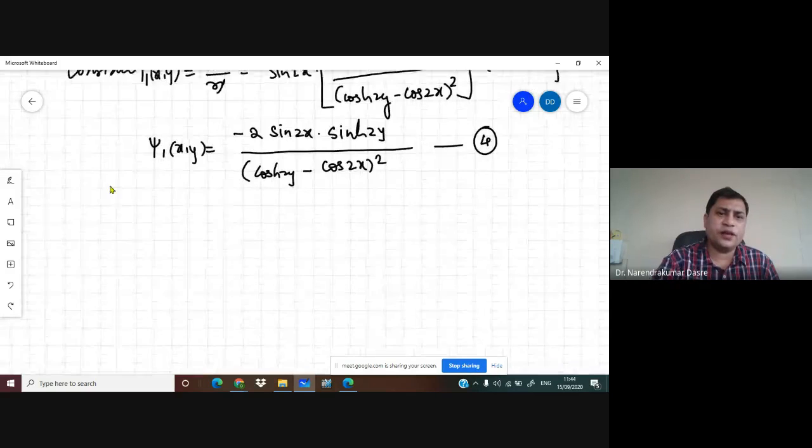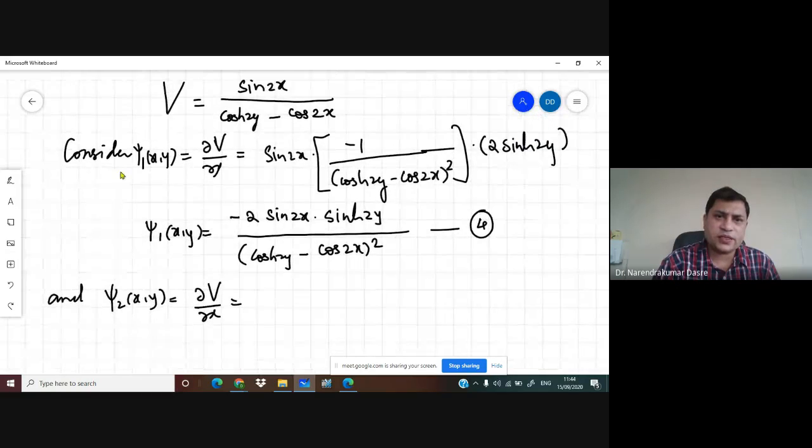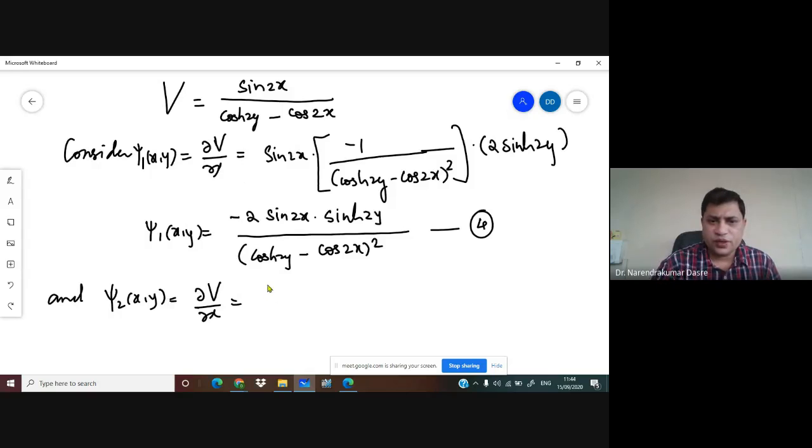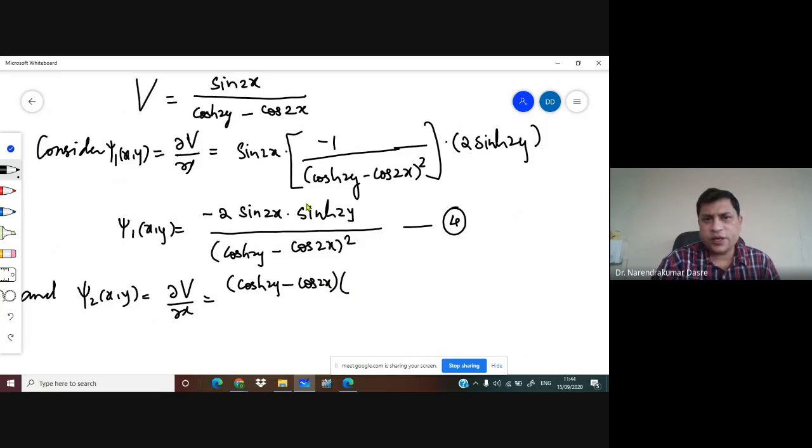Now we have to find the derivative with respect to x, and we have psi 2 of xy is equal to dabba v by dabba x. When considering the derivative with respect to x, you have to use the u upon v rule. So the denominator v remains as it is, hyperbolic cos of 2y minus cos of 2x, into the derivative of the numerator, which is 2 cos of 2x, minus sine of 2x and the derivative of this.